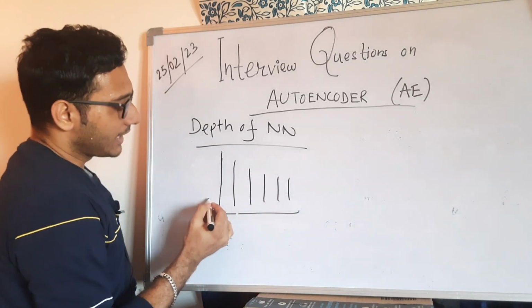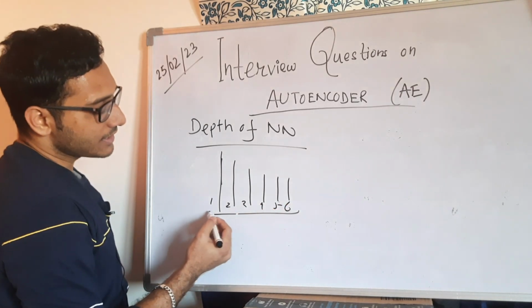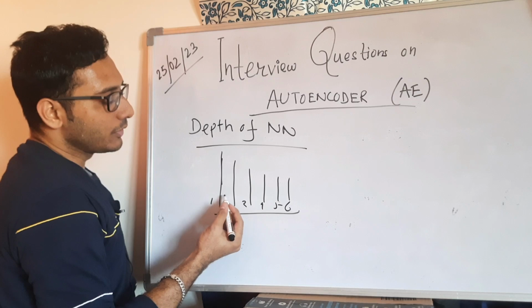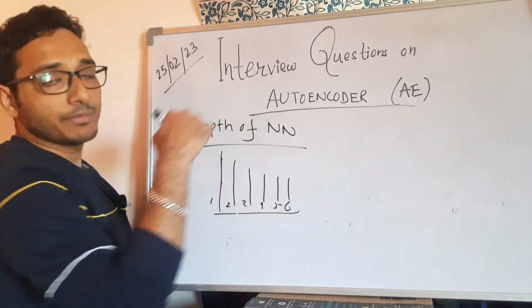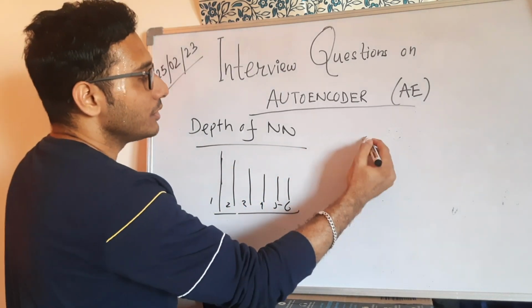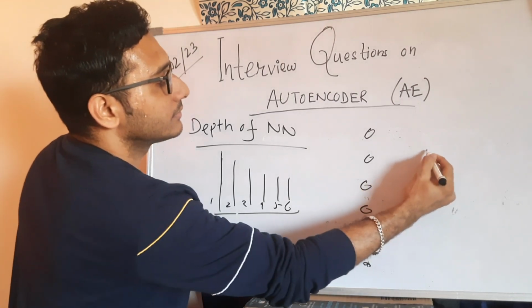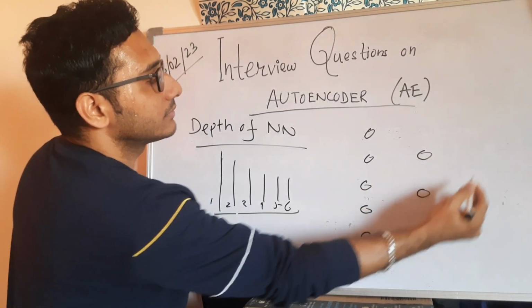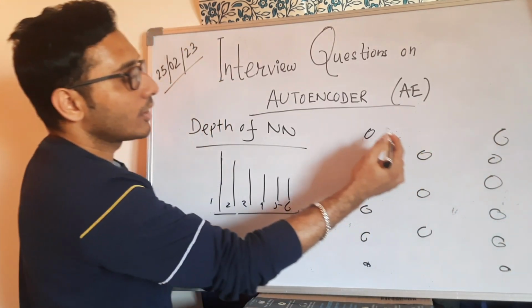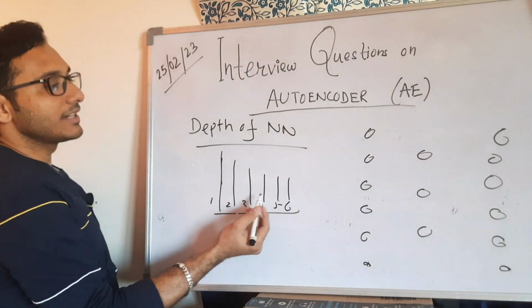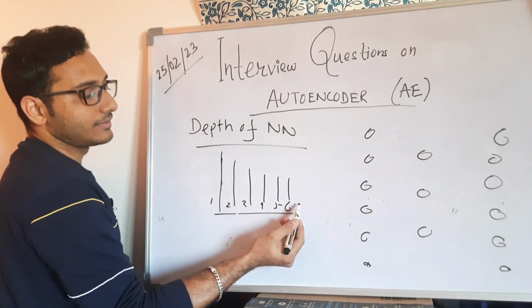See here, layer 1, layer 2, layer 3, layer 4, layer 5, layer 6. If you go inside, you will find the number of layers is increasing. So in my first video, I just showed you 3 layers, right? Only 3 layers.